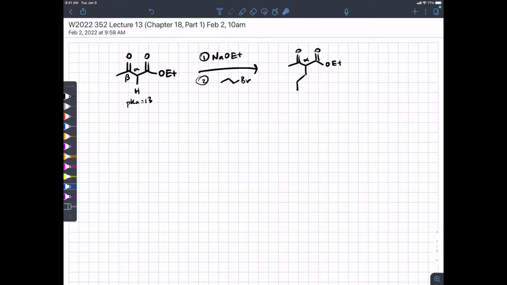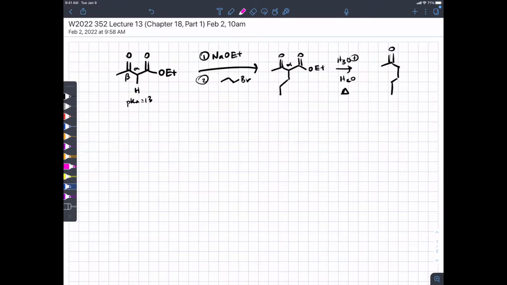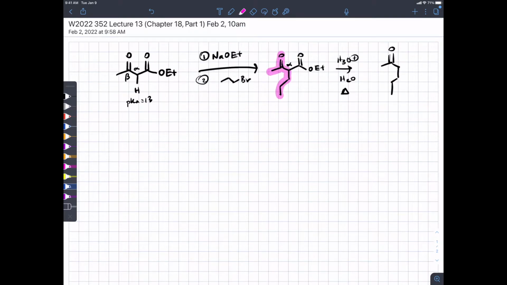And then we said that you can convert the product of this step using acid in water and heat to give you this ketone product, and this portion of the ketone ends up here.